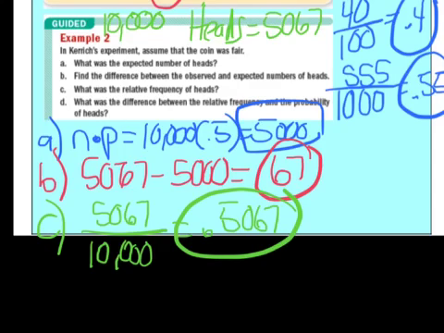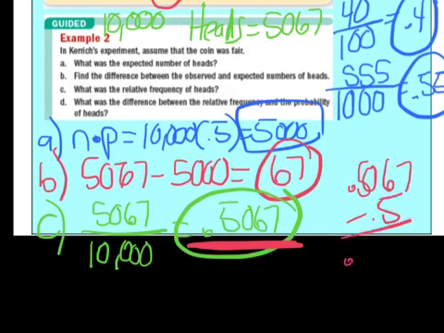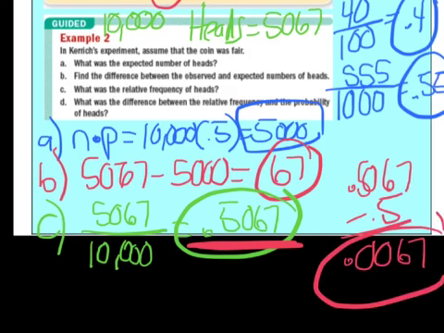The relative frequency is right here. The probability is 0.5. So the difference would be 0.0067. So this slide is just really good for understanding vocab on finding the expected number, relative frequency, and then the difference.